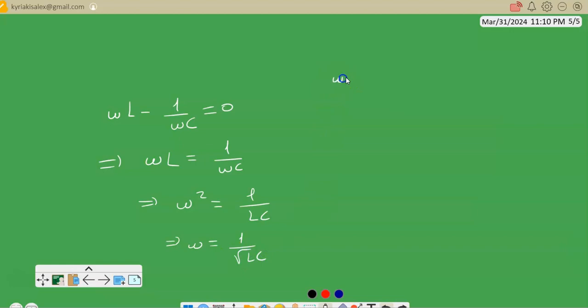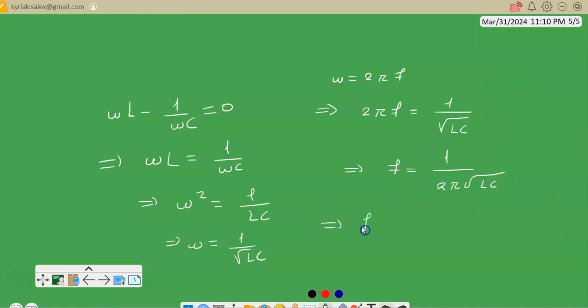We know that omega is 2 times pi times the frequency. The resonant frequency is 1 divided by 2 times pi times the square root of the product of the value of the inductor and the value of the capacitor.